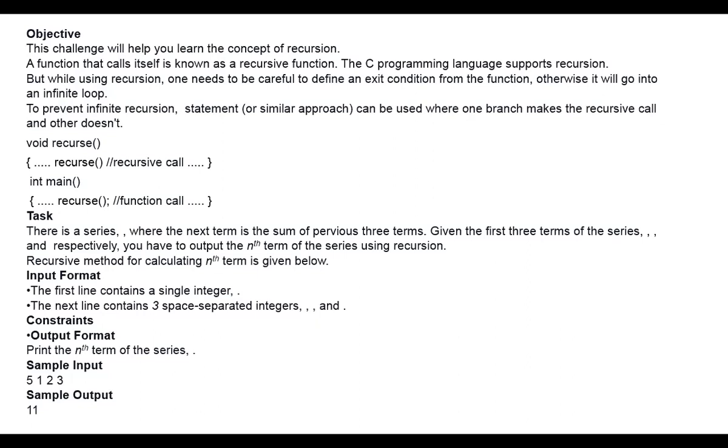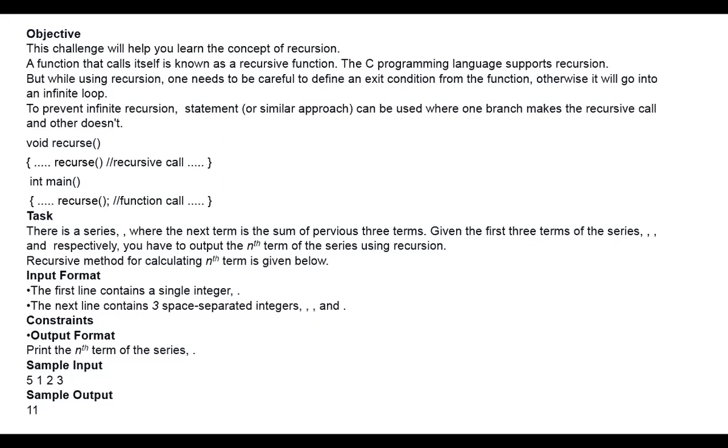In Fibonacci, what we were doing is saying that the next term is the sum of the previous two terms, and the previous two terms were, in the starting, 0 and 1. So given the first three terms of the series, you have to output the nth term of the series using recursion. The recursive method for calculating the nth term is given below.